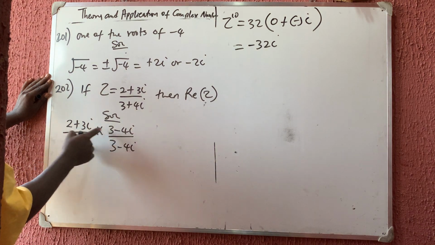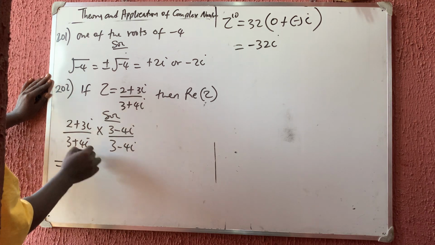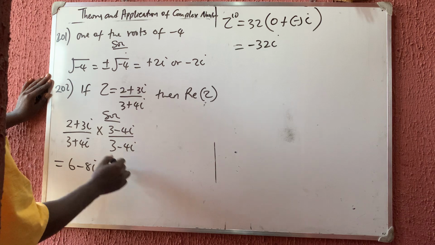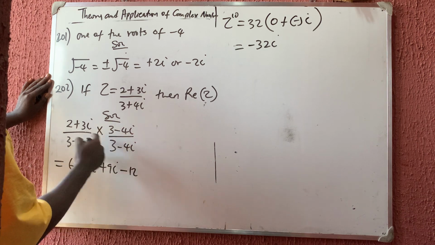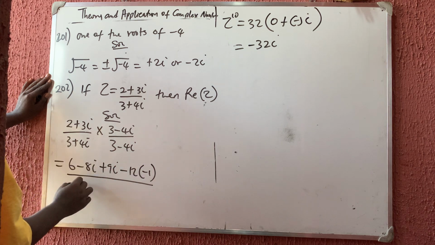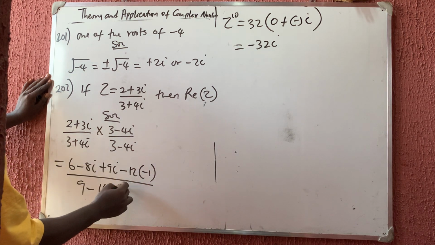Which will give you 3 times 2, 6. 2 times this, minus 8i. 3 times 3i, plus 9i. Minus times minus, 3 times 4, 12, i times i is minus 1, all over 3 times 3, 9, 4 times 4, 16, i times i minus 1.